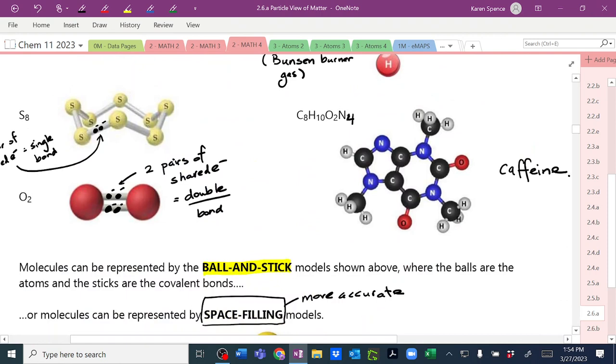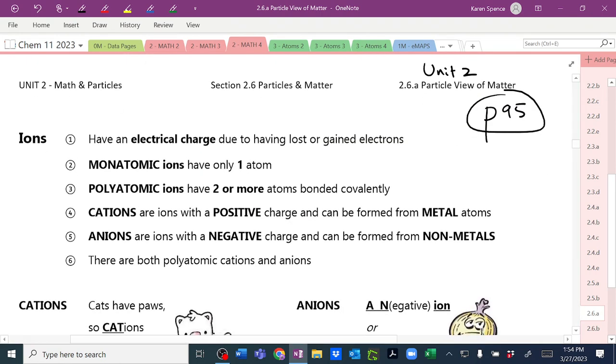So back to page 95. All right, so ions have an electrical charge. That's what makes them different than atoms and molecules.